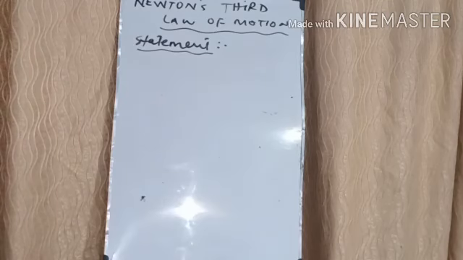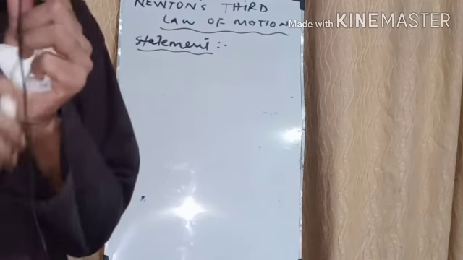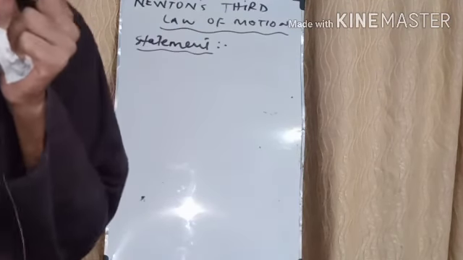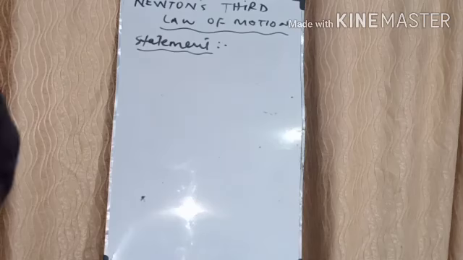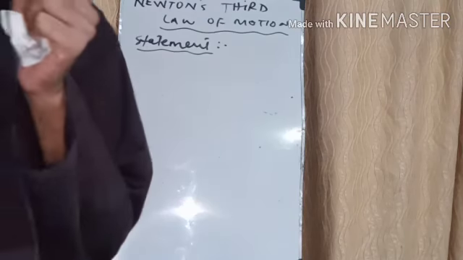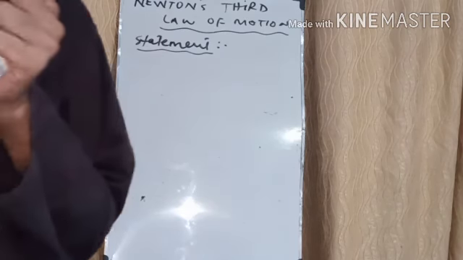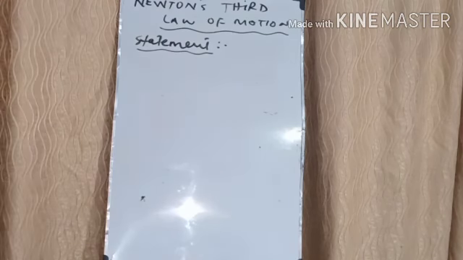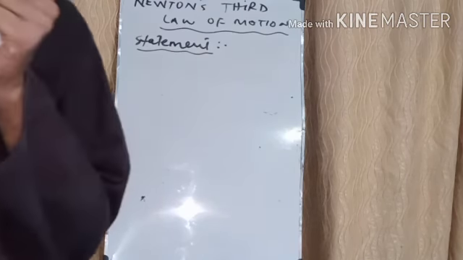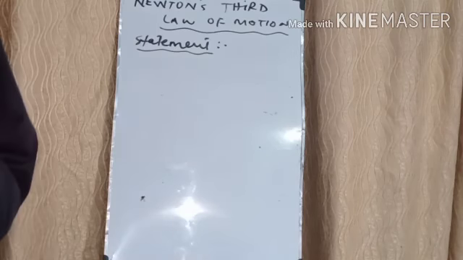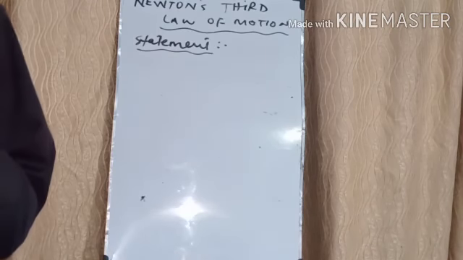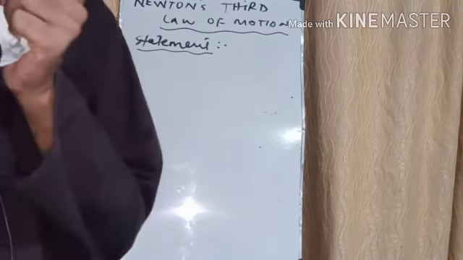And an object placed on the surface of a table: the weight of the object acts downward, but another force acts on the object in the upward direction, which is always equal to the weight of the body, and this is known as the reaction force.